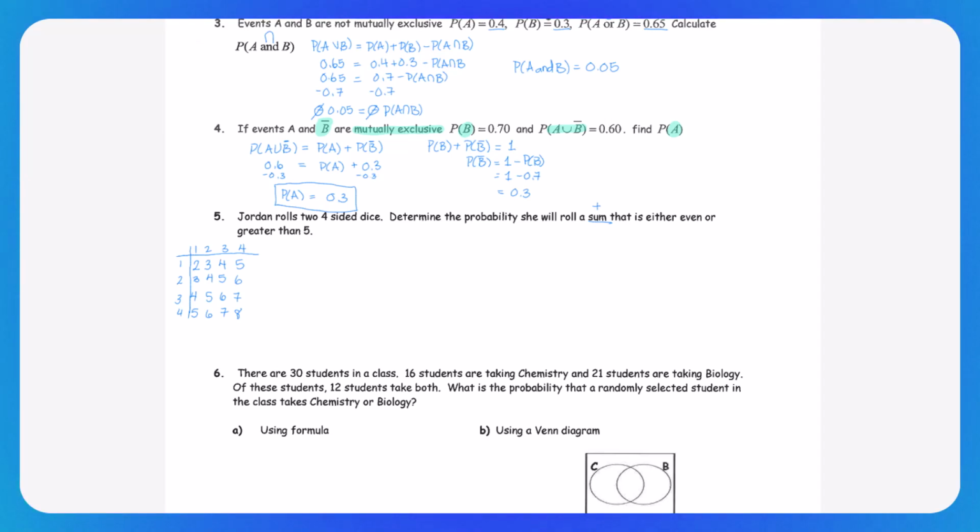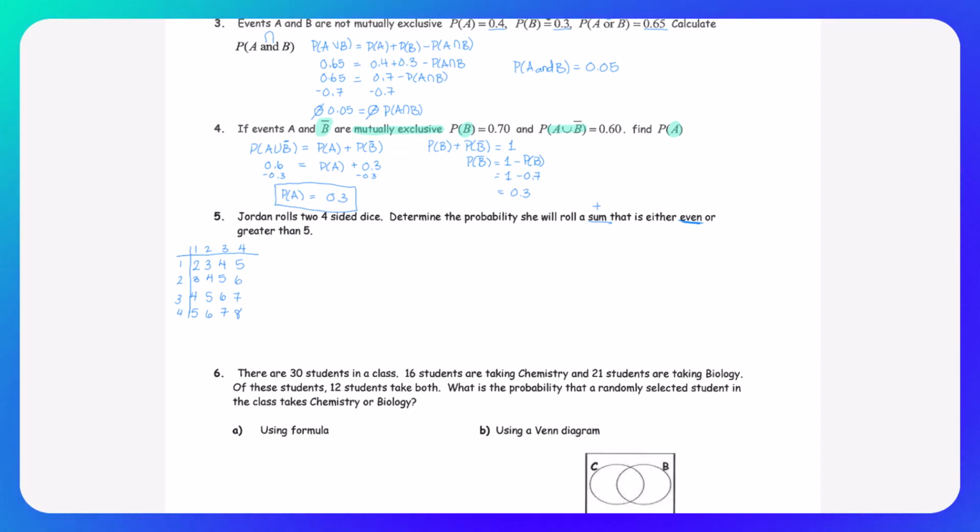The first thing it asks us to do is determine the probability that it will roll a sum that is either even or greater than 5. Well, those two events are not mutually exclusive, because we can pick a sum that is even and greater than 5.